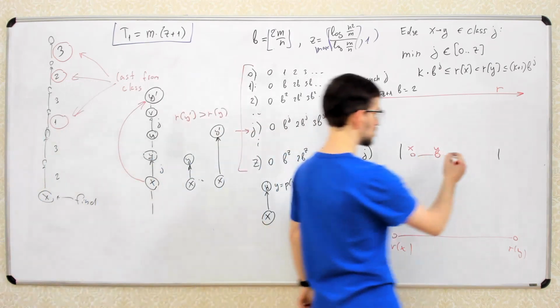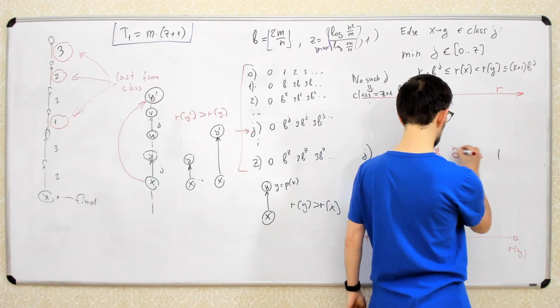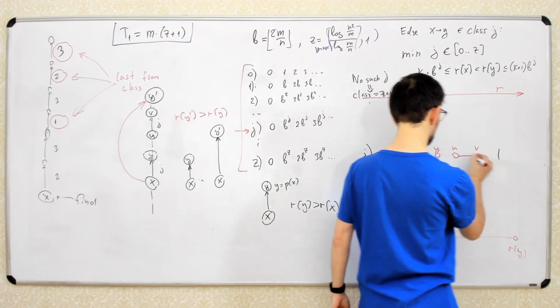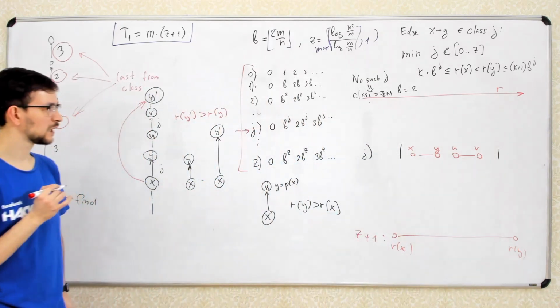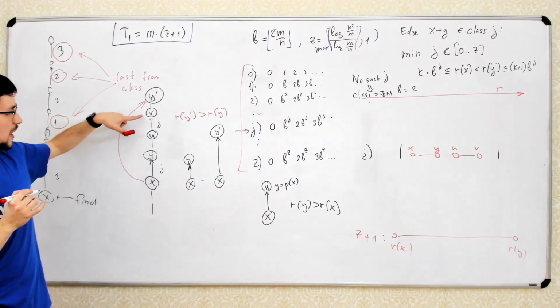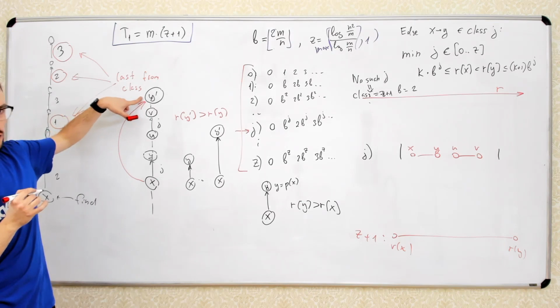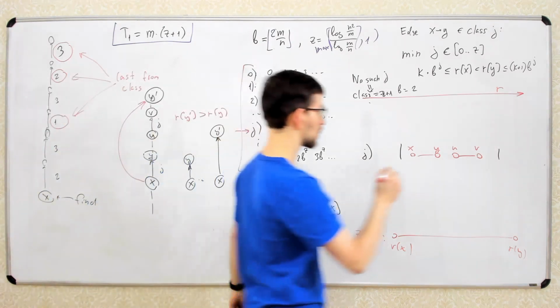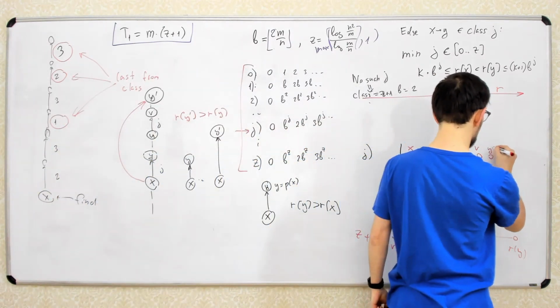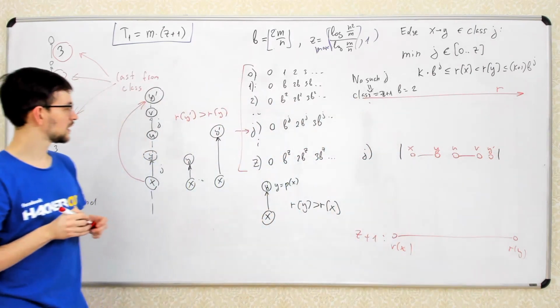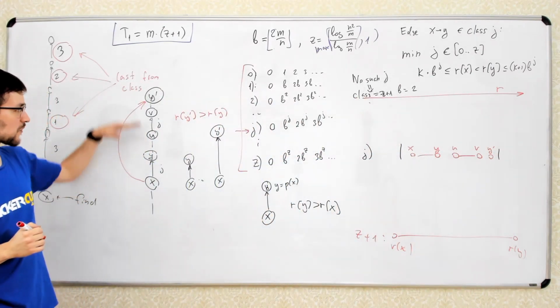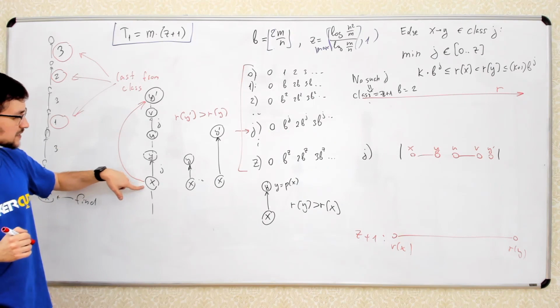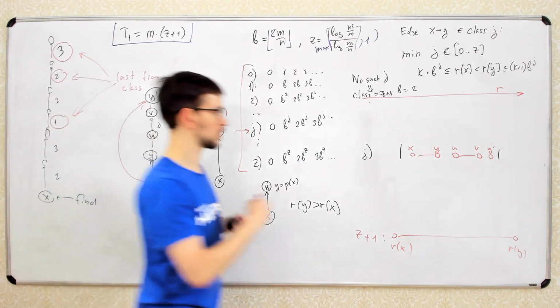And above this vertex V, we have this new vertex y prime. After we make this path compression, we connect this x directly to this y prime.